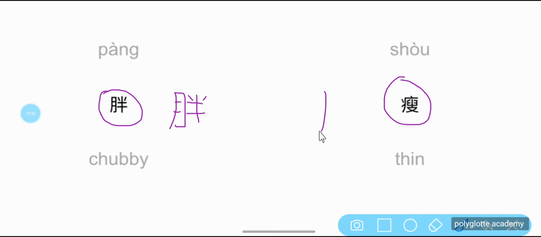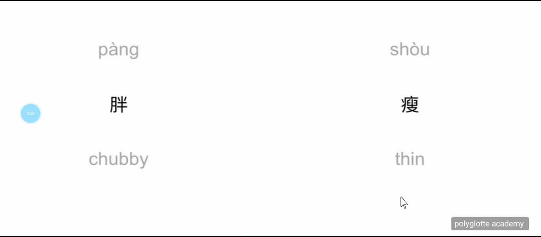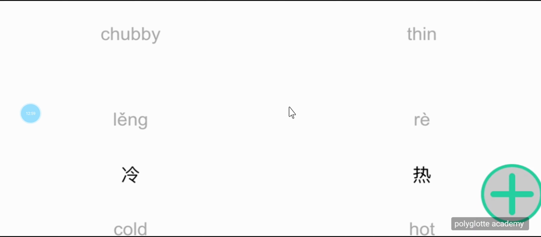And we have 瘦, it is to be thin, thin. So if you're fat, if you're chubby, then you're thin. So 胖, chubby, fat, and 瘦, thin. So take note of it. 非常好。好，继续 let's move on.